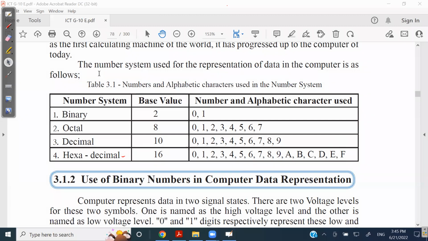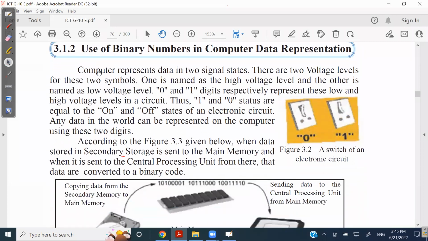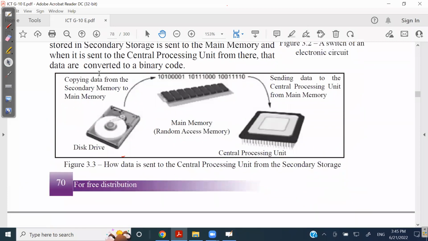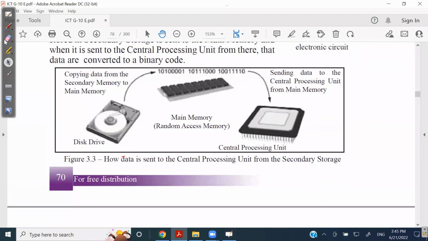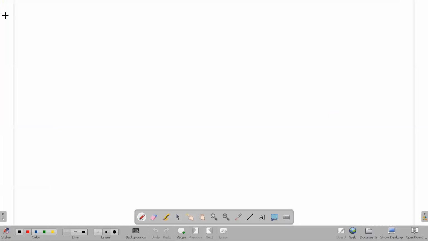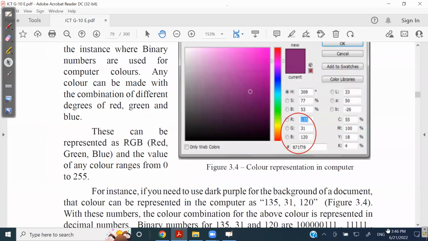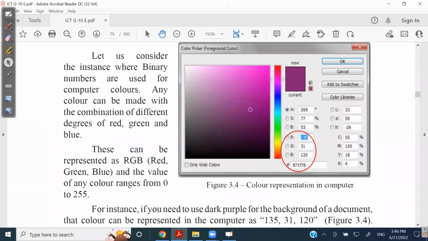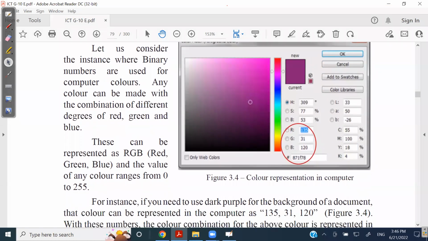All right. Now, when it comes to the number systems, in computing there are certain ways that these number systems are used for the computer. I think I have mentioned this earlier as well, but I'll recap it.